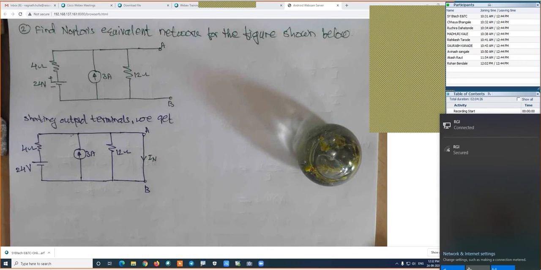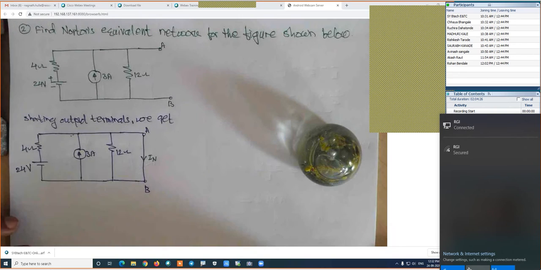It means I am not expecting the general or regular answers. I am expecting some new method. कुछ नया मेथड यहाँ पे यूज कर सकते हैं। Can you use the nodal analysis? Yes or no? I am expecting answers from all of you. Can we use the nodal analysis for this particular figure? Yes or no? Yes, sir. We can use. No. Let me explain.